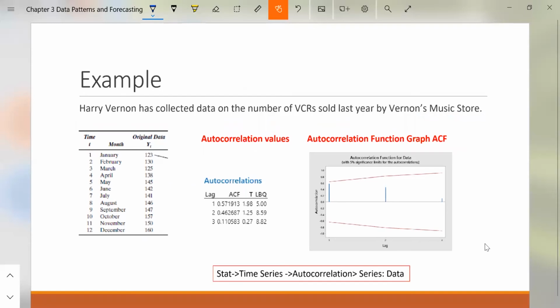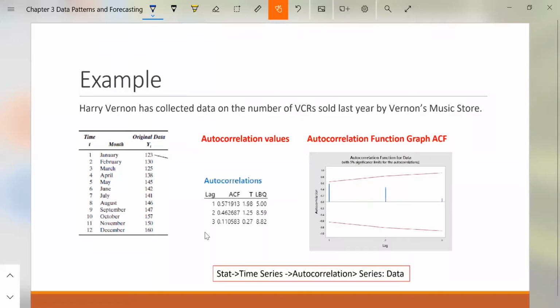We typically calculate the autocorrelation, put it into a graph or get the numbers to further identify if we have any trend or seasonality. So I want to go through an example and show you how we get the autocorrelation and how we can read the results.